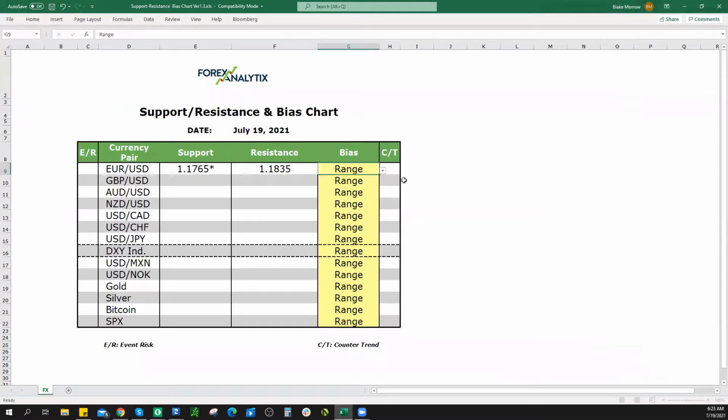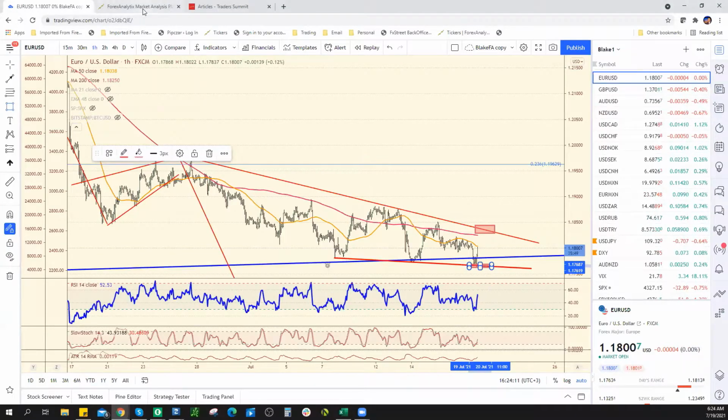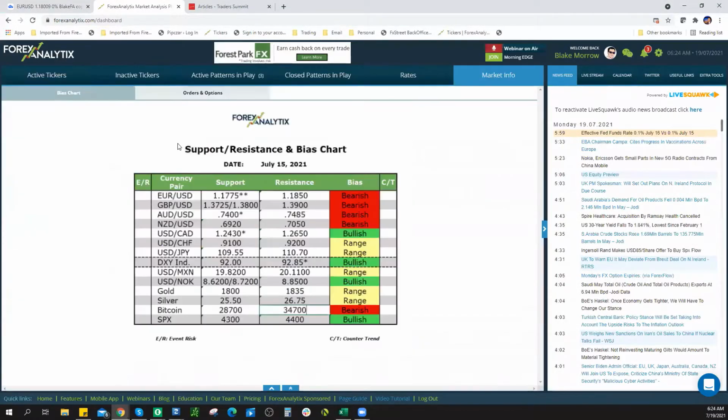Now, if you're new to me doing the bias chart analysis with you, let me kind of explain it to you really fast so you have a good understanding of what this all means as I build it out. When we talk about important support and resistance levels and what our biases are, the bias helps me identify when I'm trading counter trend or not.